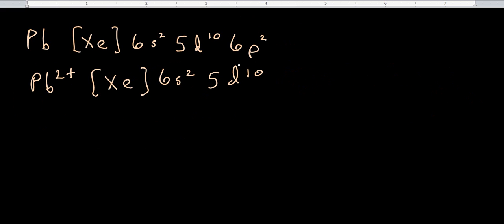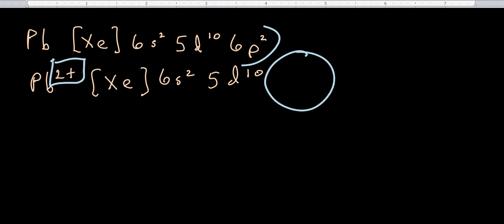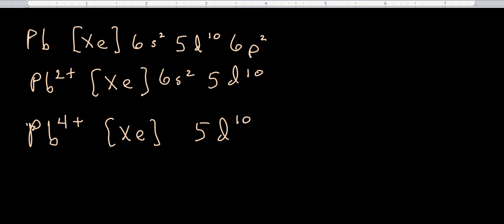With the 2 6p electrons removed and missing, we've now formed a Pb2+ ion by removing the n equals 6 sublevel p electrons first. Continuing to remove level 6 electrons, the highest n value, next to go are the 6s2 electrons.